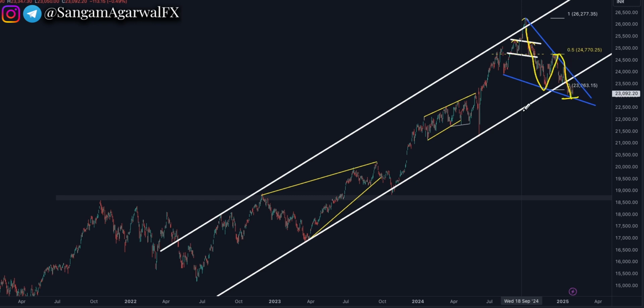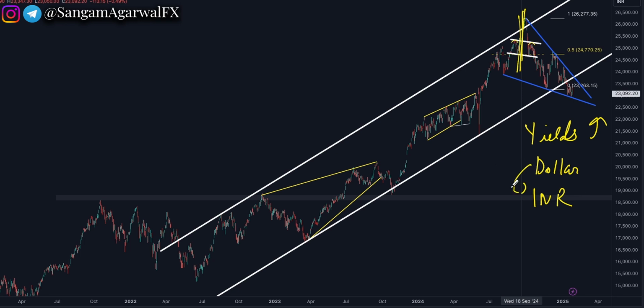So a big sentiment shift is happening, and since their first rate cut from Fed, the 10-year yield is flying, the dollar is flying, and their currency INR is constantly collapsing against the dollar. The Fed did the cut as a textbook, but the market is doing the total opposite, behaving like a rate hike. And since then their stock market is constantly going down.